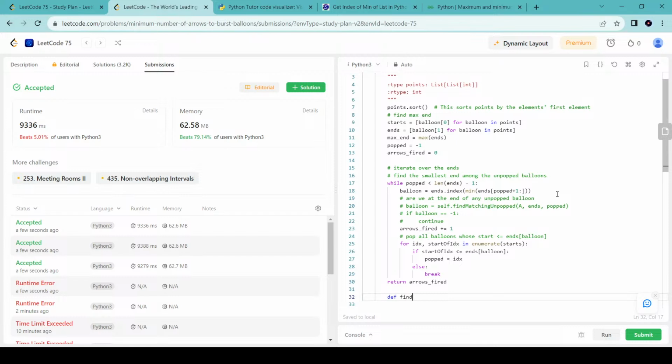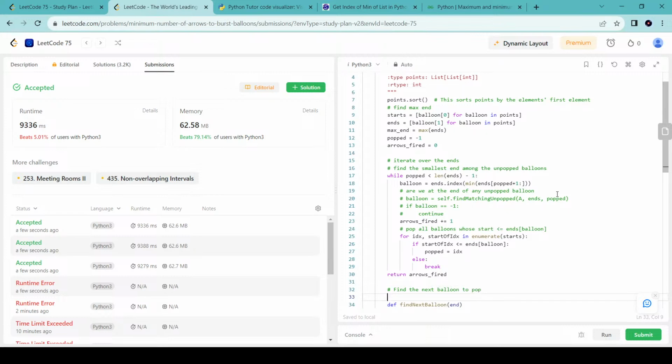Find next balloon. And this is not a very descriptive name. So we're going to write a comment: the next balloon to pop.